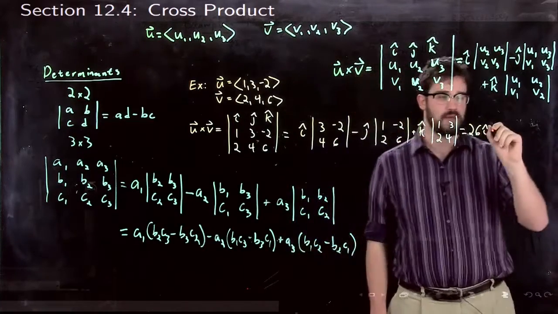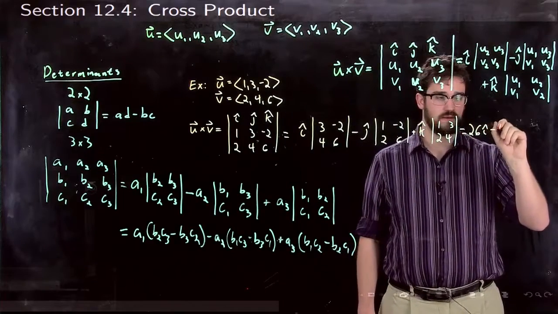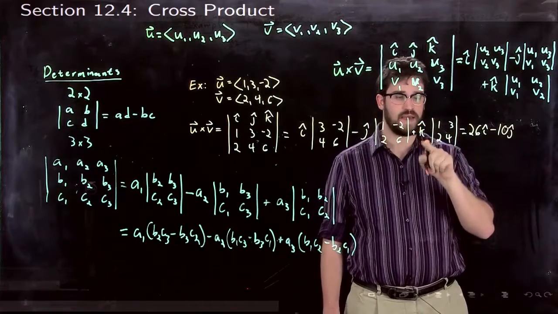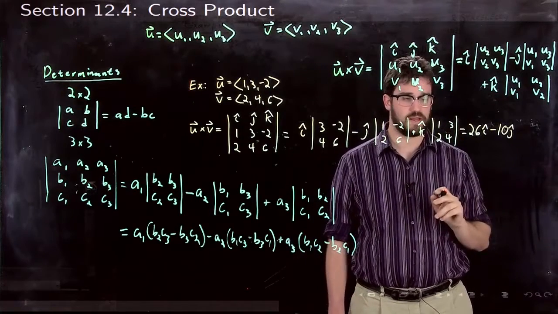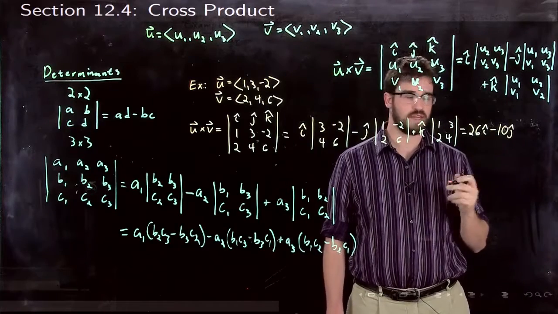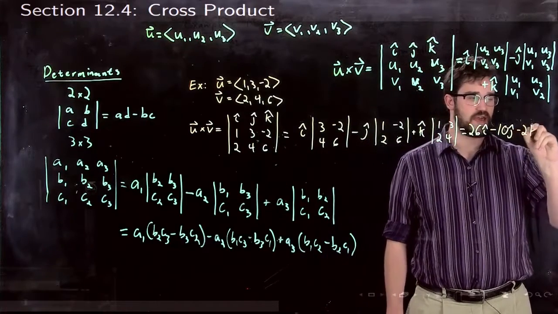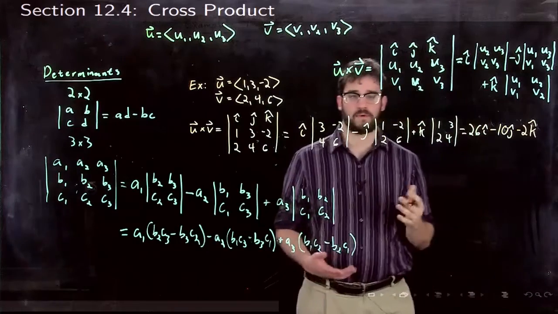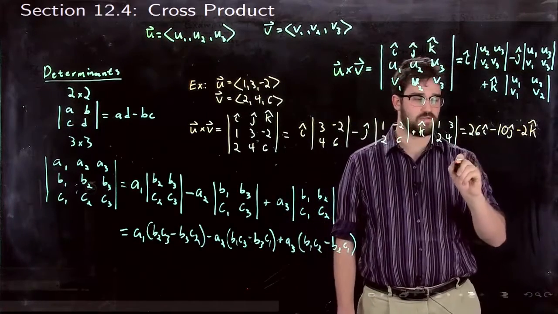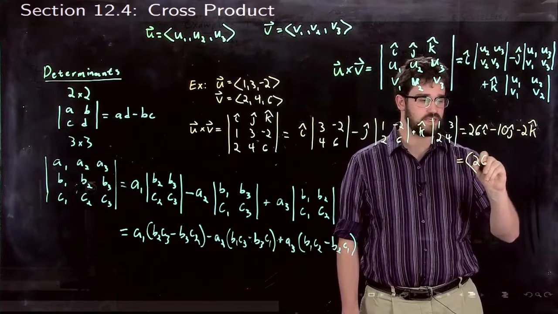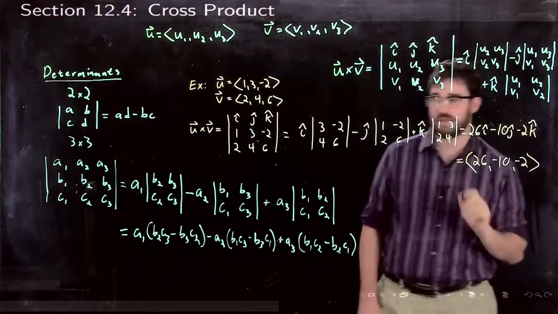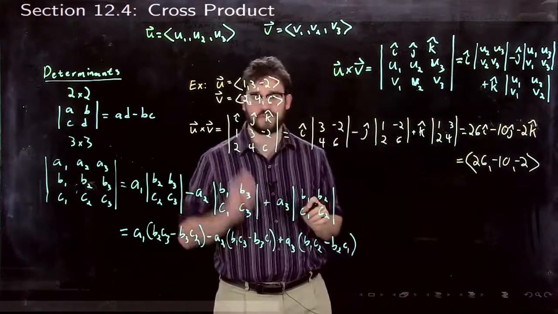So we get a minus 10 j hat. And then we get k hat times the determinant of this: 4 minus 6, negative 2, so minus 2 k hat. Remembering what i hat, j hat, and k hat are, this is just the vector 26, negative 10, negative 2. And this would be the cross product of u and v.